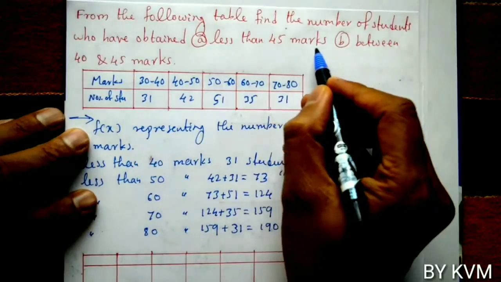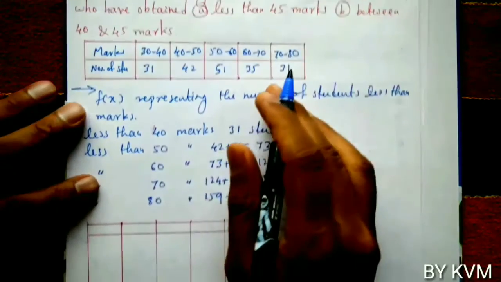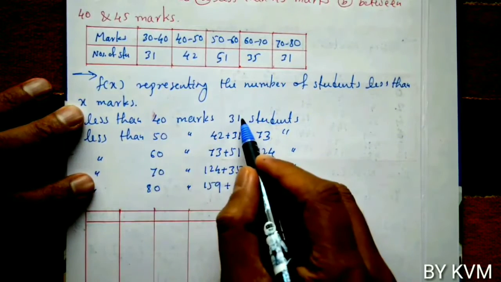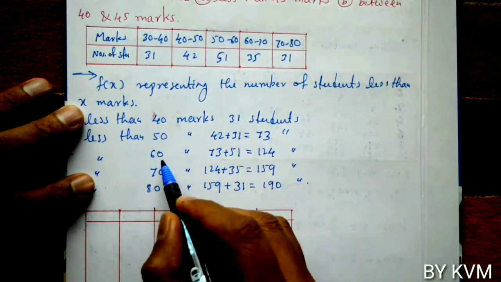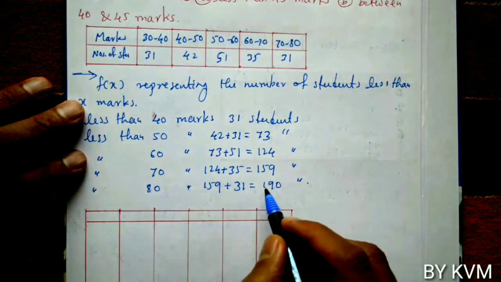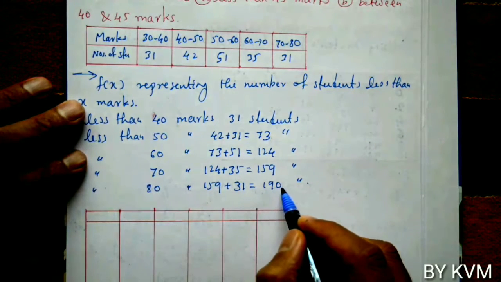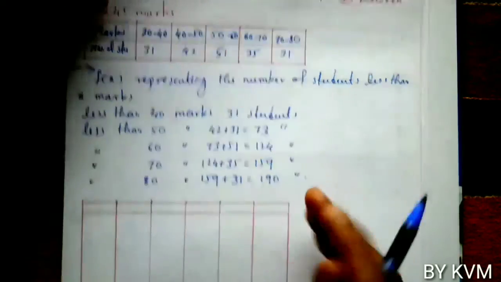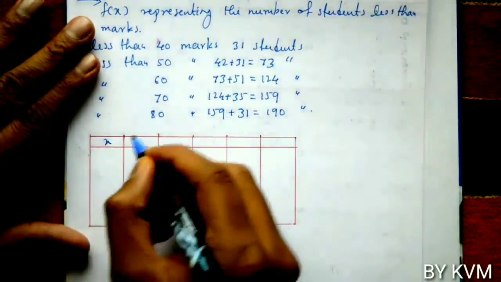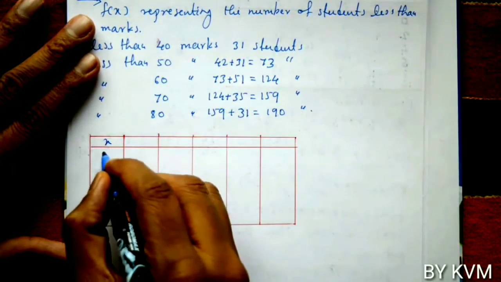Now we will find the number of students who have scored less than 45 marks. Now we have to construct the finite difference table or the forward difference table using this data. So in the table, take x and y.